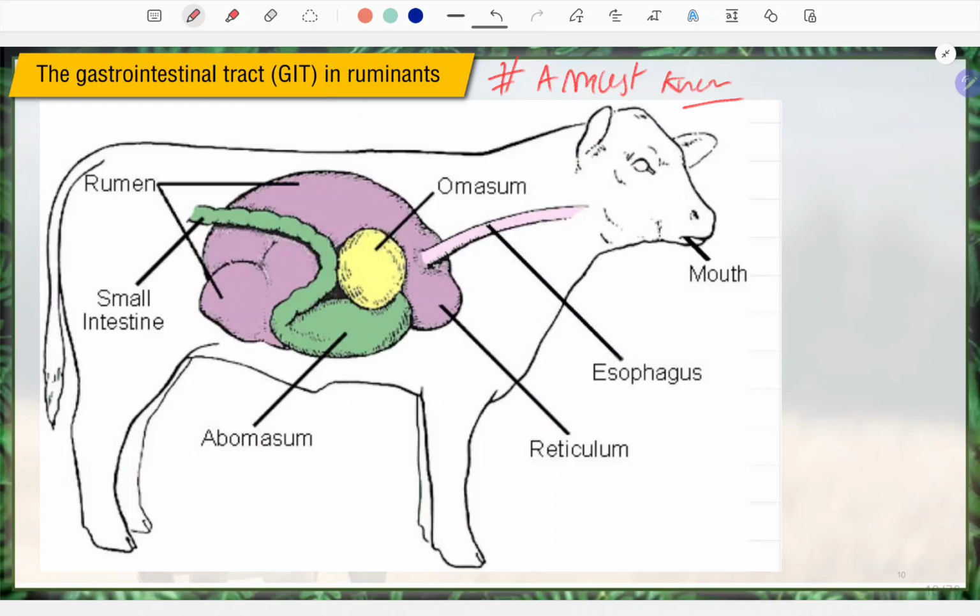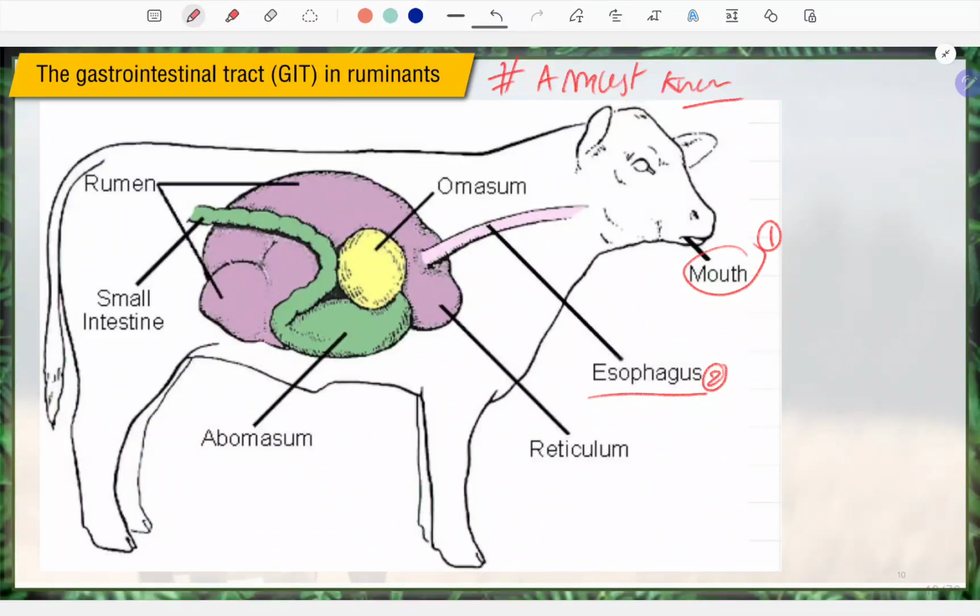That is the order in which feed or ingesta goes through each part of the intestinal tract in the animals, and you have to know first, second, third, and so on. The first one is the mouth, and then the esophagus.